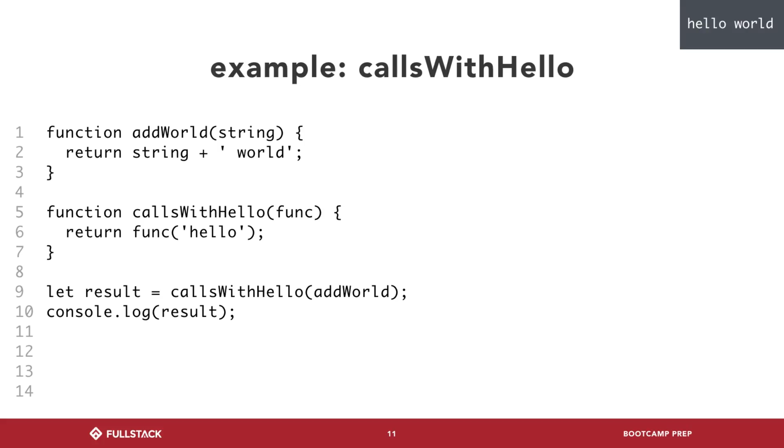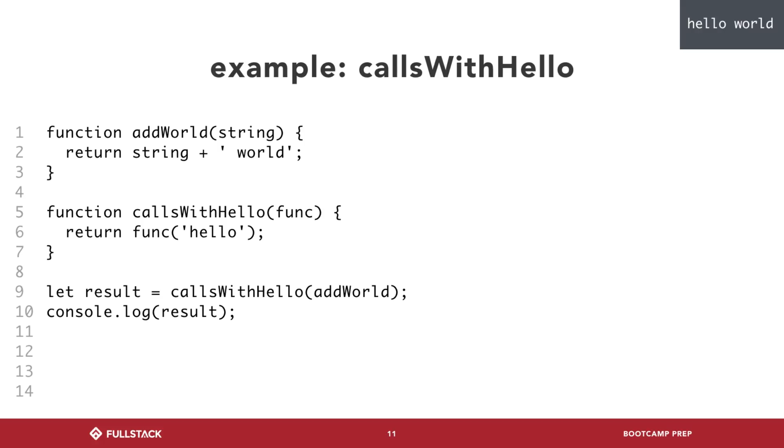Okay, and then this is very similar here. On lines 1 through 3, we define a function called addWorld. On line 5, there's calls with hello. It takes in a function and invokes that function with the string hello. It's hard coded there, so we're always invoking whatever it is with hello. On line 9, we call calls with hello and pass in addWorld.